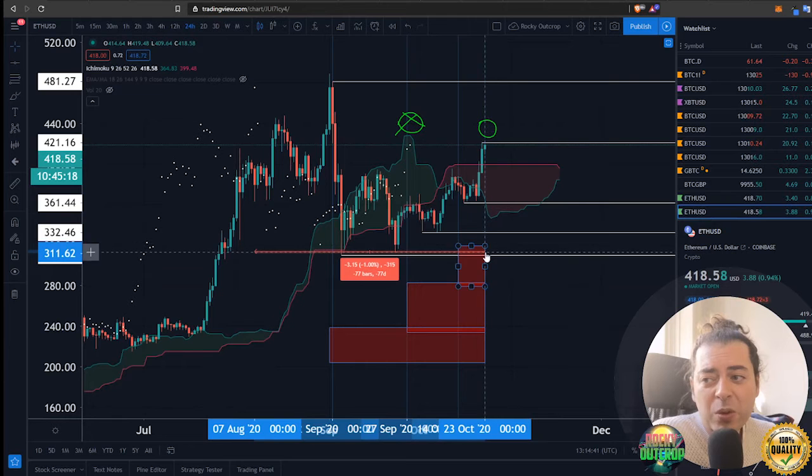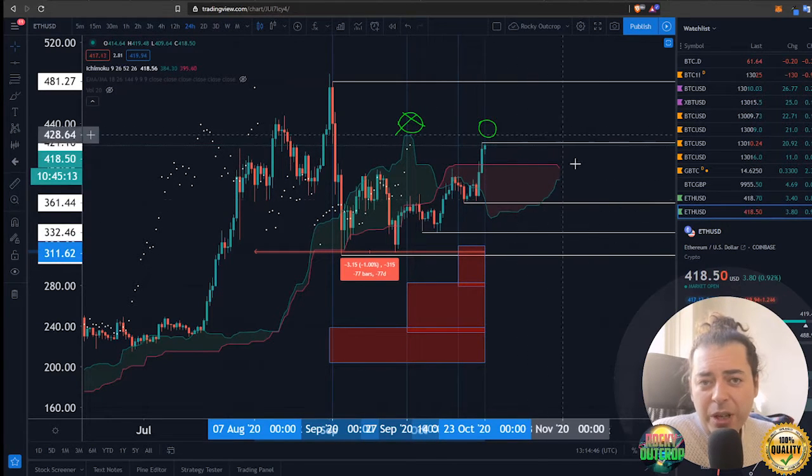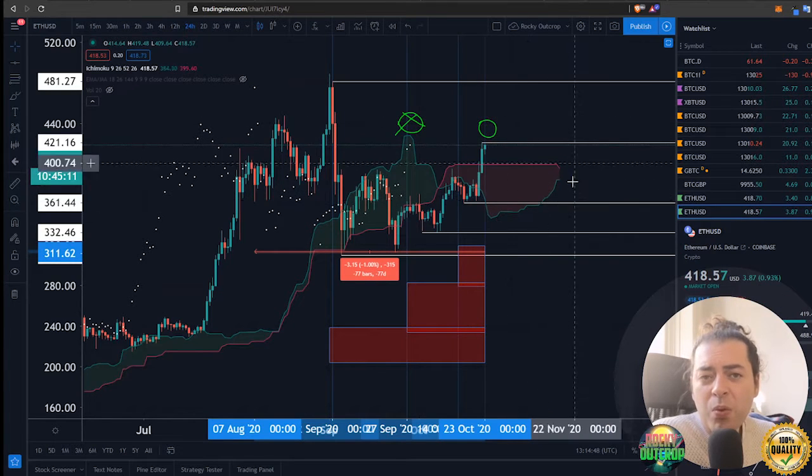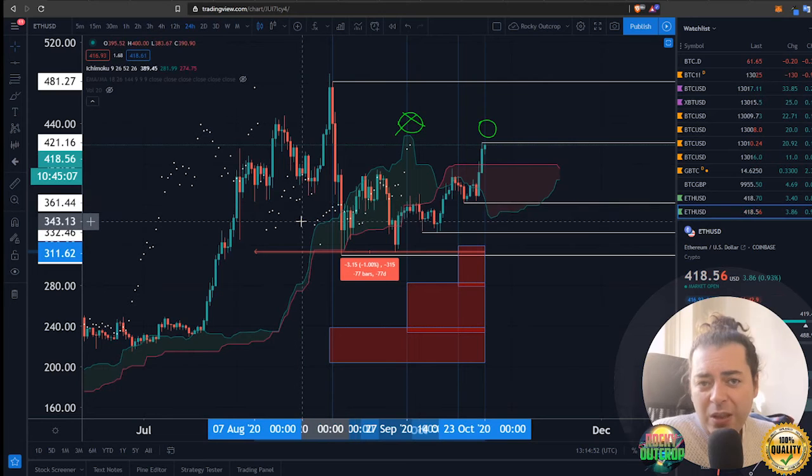While this tends to be spoken about as future projection, what we're really looking at is price action from 77 periods ago in relation to where we are right now. What formed this basis line was 77 bars ago.